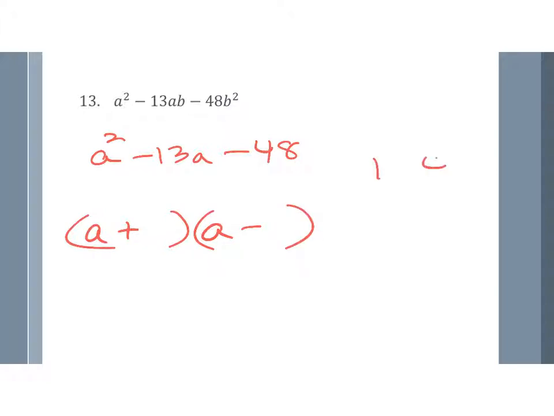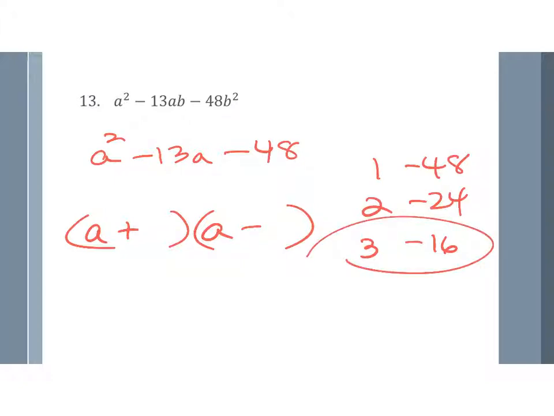So 1 times 48, 2 times 24, 3 times 16. And as soon as you see it, stop. So I can do 3 and 16. And because it had the b squared here, put the b here and the b there.